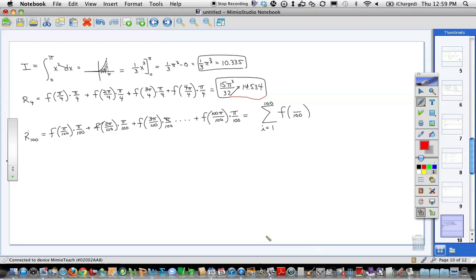What else is constant? The pi over 100, the width, is constant in every term. And also in every term in the numerator is pi. The only thing that changes is the top number of 1, 2, 3, all the way to 100. So what's going to go up here? i pi. i pi. That's right. Okay?